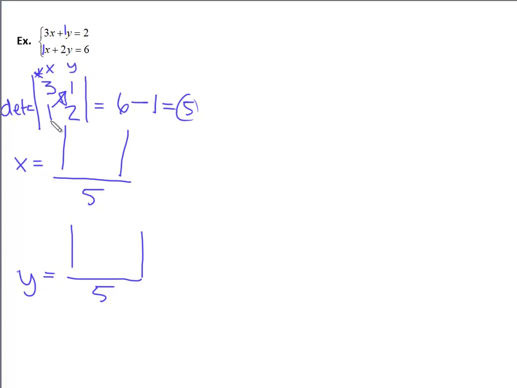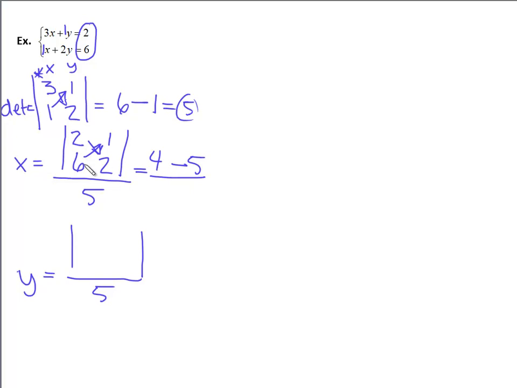So instead of 3 and 1, we're putting in these numbers at the right, the 2 and 6, and we keep the y column the same. So solving for x, replace the x column. Solving for y, replace the y column. Okay, so let's finish solving for x. I'll do my diagonal here. 2 times 2 is 4, minus 6 times 1 is 5.